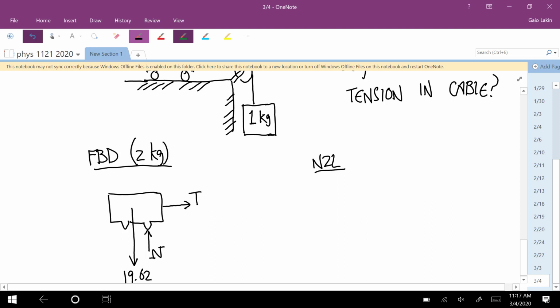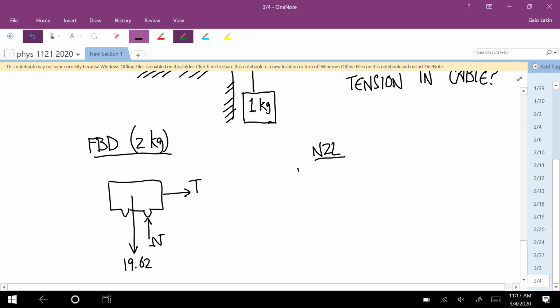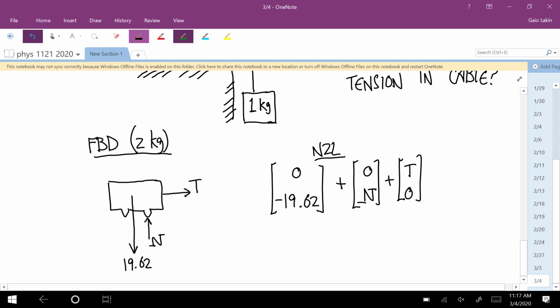Newton's second law says the weight force is 0, negative 19.62. The pushing force is 0, N. The pulling force is T, 0. And the sum of those forces is equal to the mass of the chosen object times its acceleration, which we know is only in the x direction.